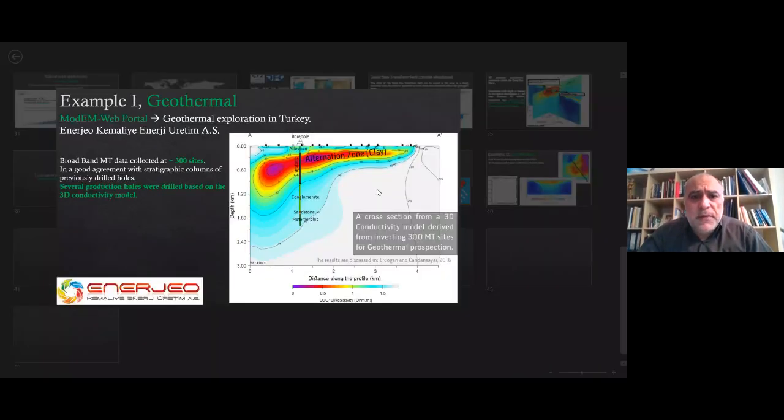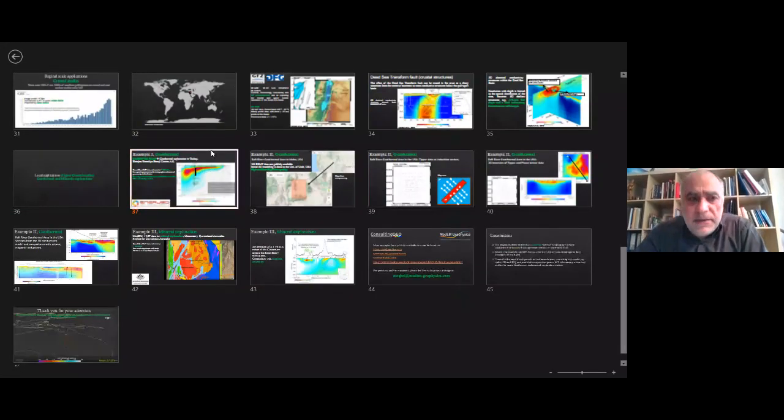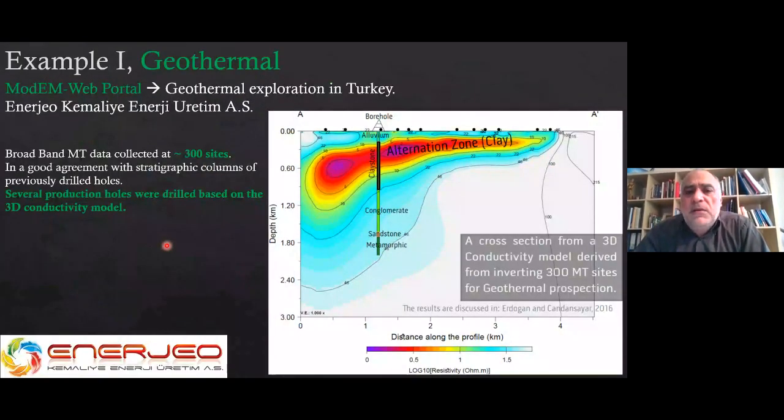In total, there were 300 MT sites. They were all modeled using our web application that includes the ModEM code. And that was one of the successful stories we have had in geothermal exploration.